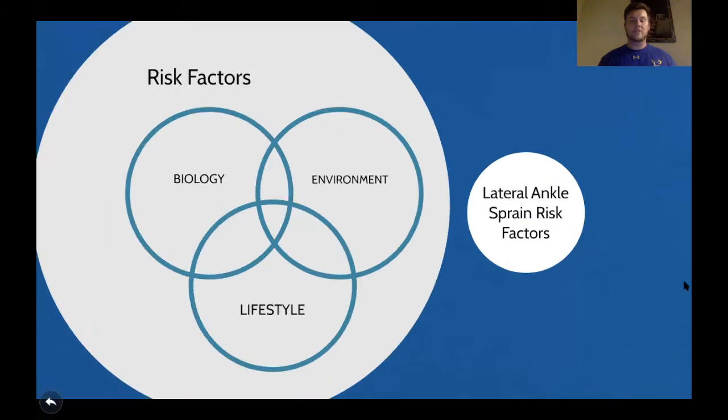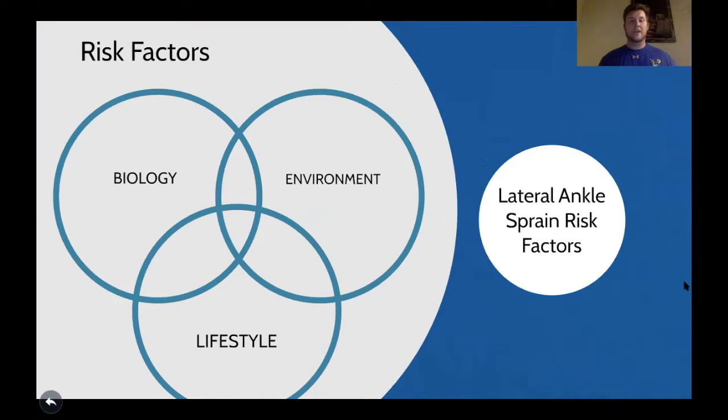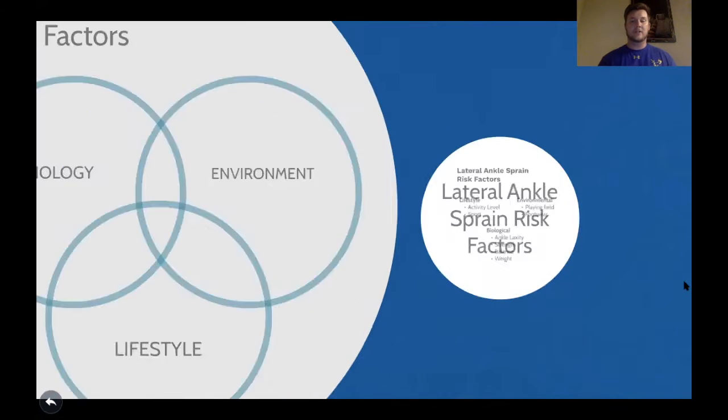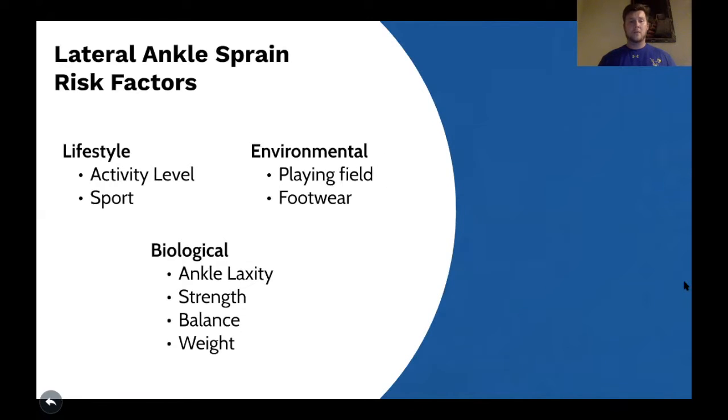When we look at risk factors, we can look at them in three sections. That's biology, environment, and lifestyle behaviors. If we're going to look at that specifically to my case, the lateral ankle sprains, we can look at lifestyle as being things such as the sport they're playing or their activity level. We look at the environment on what are they playing on?